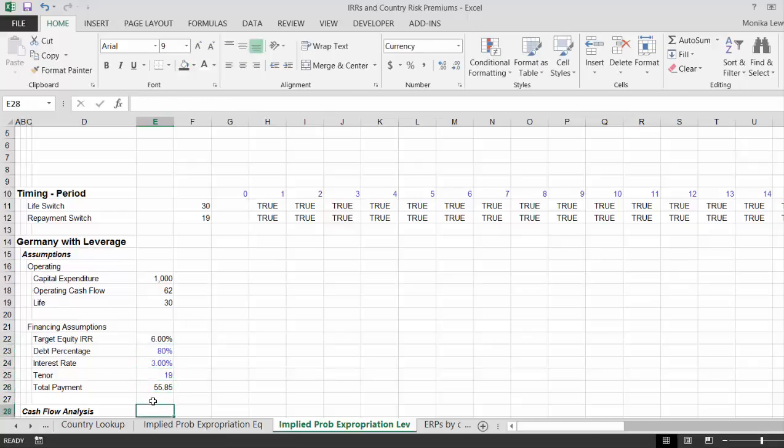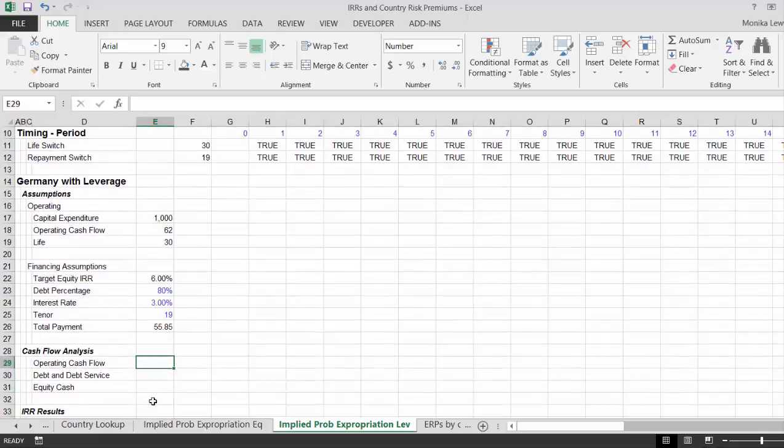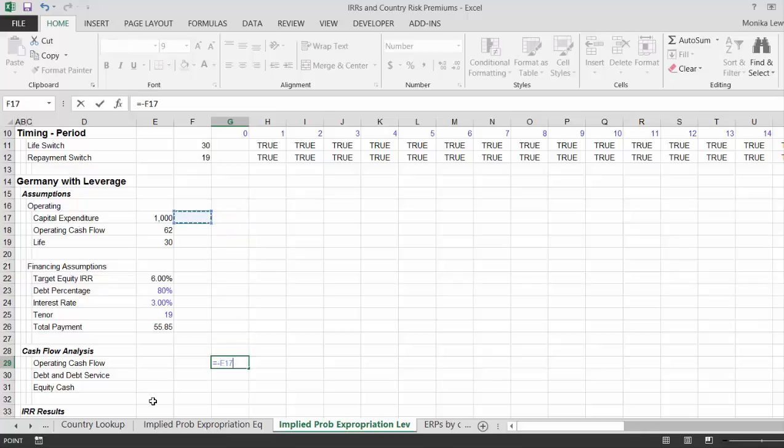We'll make it aggressive. And then for our cash flow in the period, we put a minus on this one, and then we can get our F4 times the operating line, and our debt is a minus on the 80%.